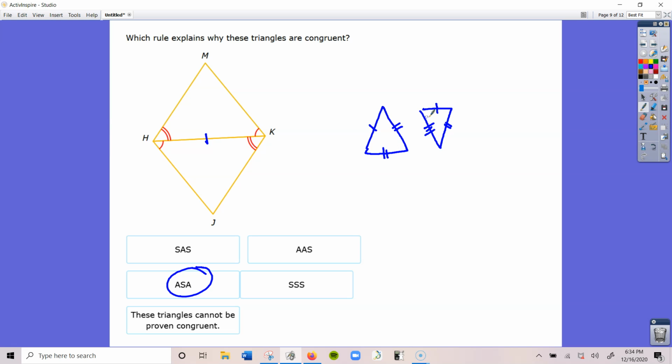This is the easiest one to identify because as long as you have all three sides that are congruent to the other, then this would be SSS. Or let's say in this same figure, like that, you don't have that third marking, but we see that they share a side, this is also SSS.